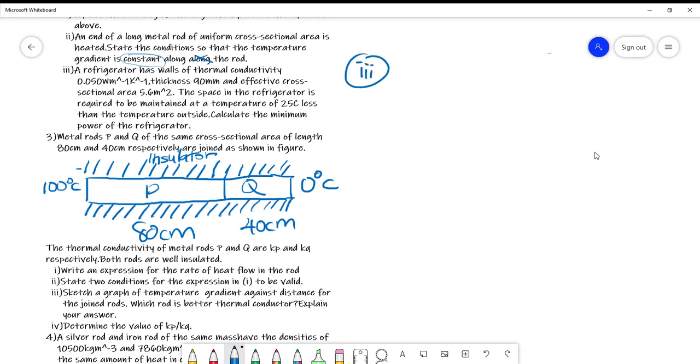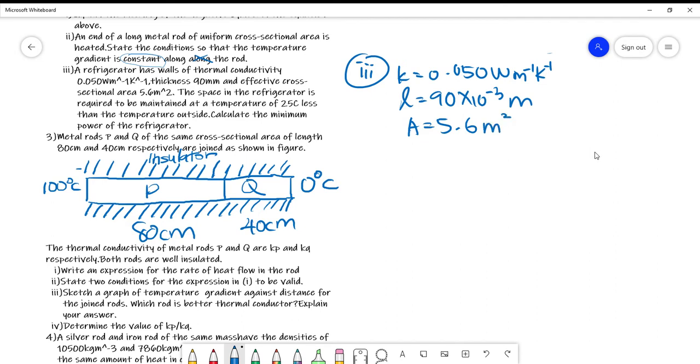So a refrigerator has a wall of thermal conductivity 0.050 W m^-1 K^-1, and the thickness is 90 times 10 to the power -3 meters, and the effective cross-sectional area is 5.6 meter square.